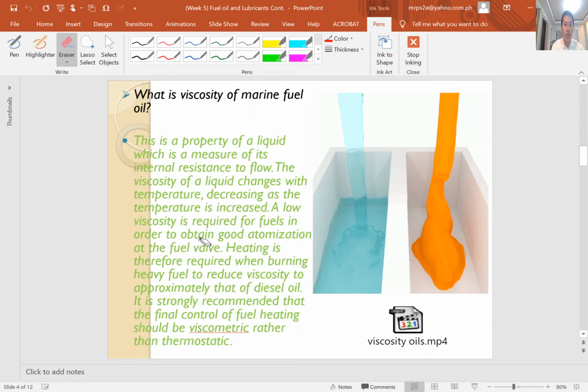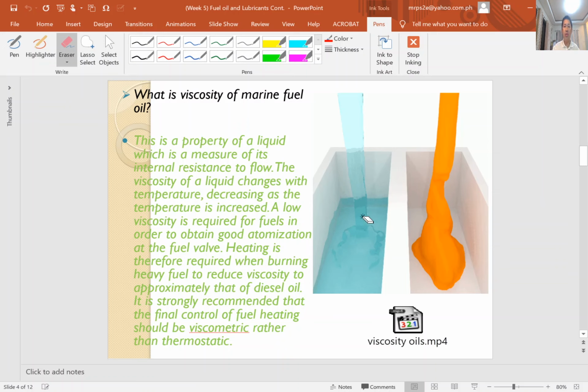A low viscosity is required for fuels in order to obtain good atomization at the fuel nozzle. Heating is therefore required when burning heavy fuel to reduce viscosity to approximately that of diesel oil. It is strongly recommended that the final control of fuel heating should be viscometric rather than thermostatic.